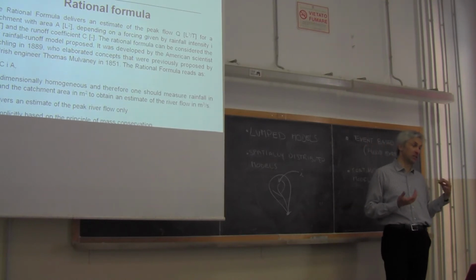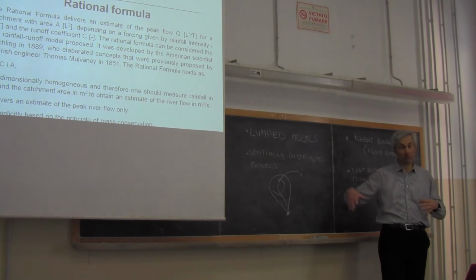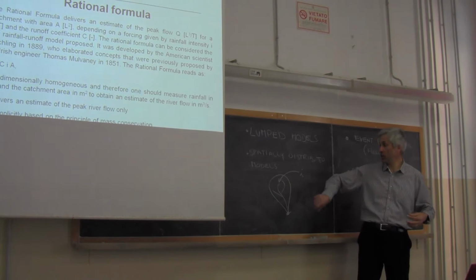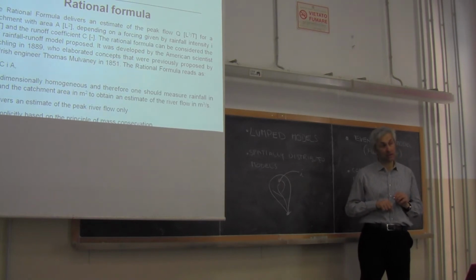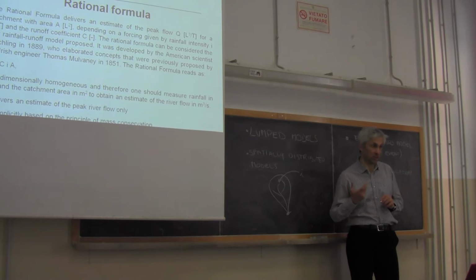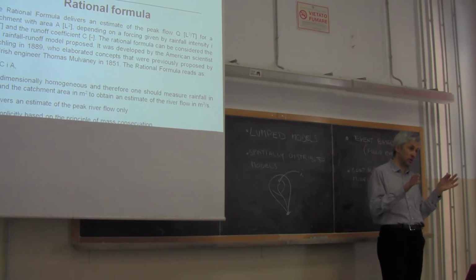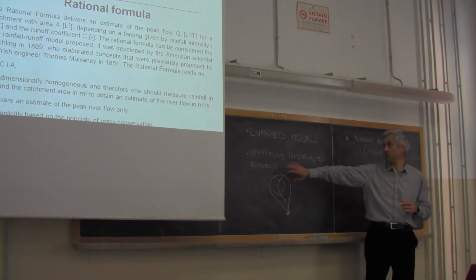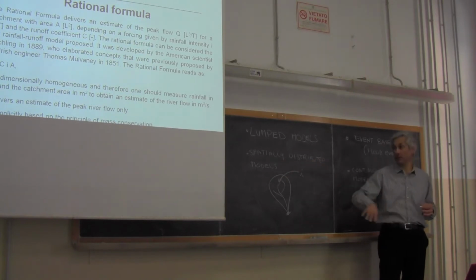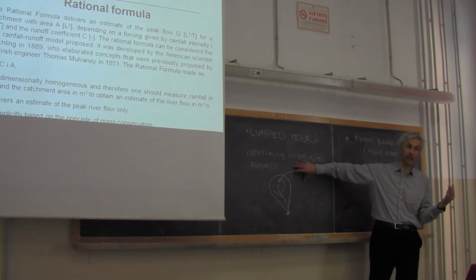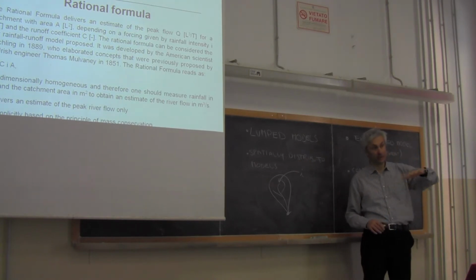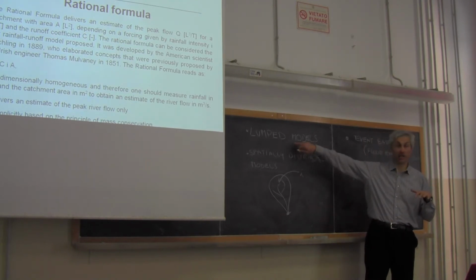Actually, as I said, the reality is different. Over a catchment, especially if it's large, you may have heavy rainfall here, low rainfall there, and for some applications we need to consider this spatial variability. So in order to consider spatial variability inside the catchment, we apply another category of models, which is called spatially distributed. And the term gives the idea. Spatially distributed means that we look at the spatial distribution. So the catchment is not considered as a lumped entity.